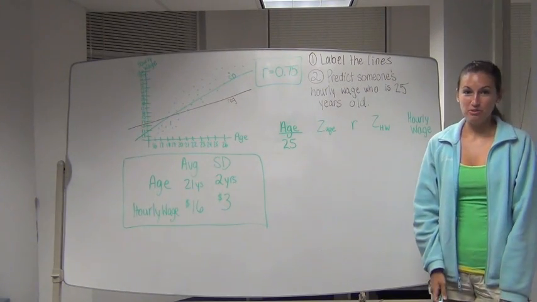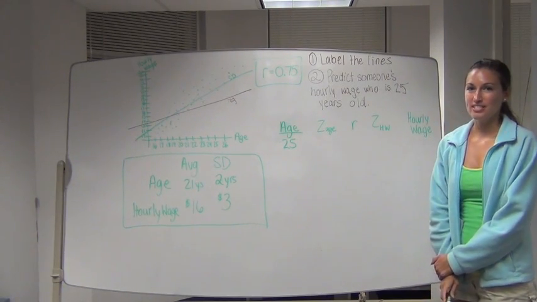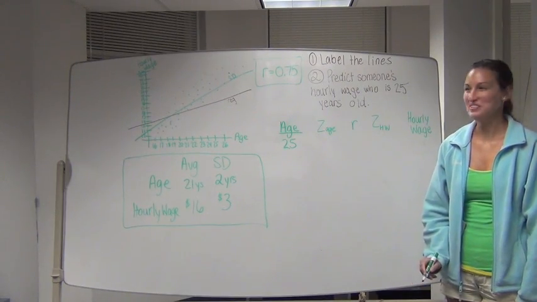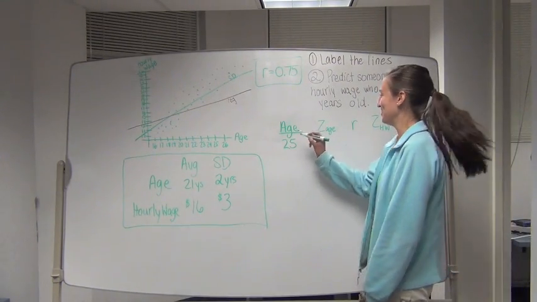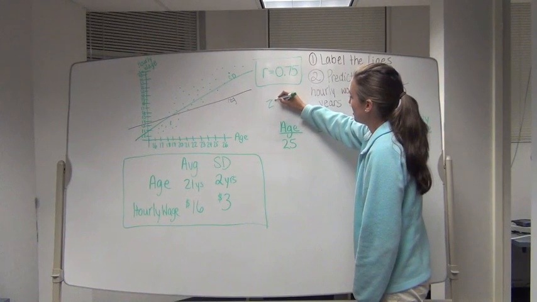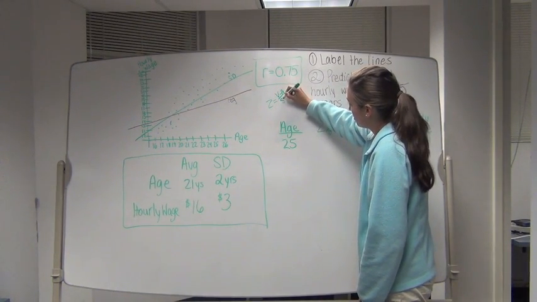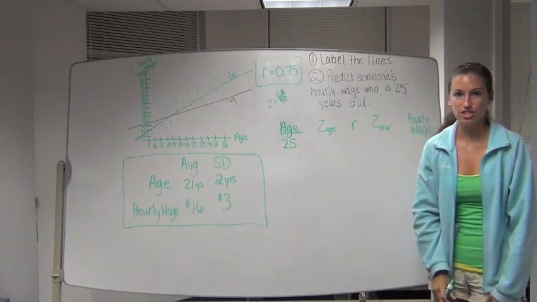So, does anyone remember what the formula for the z-score is? No one? Okay. Well, the formula for the z-score is value minus average over the standard deviation.